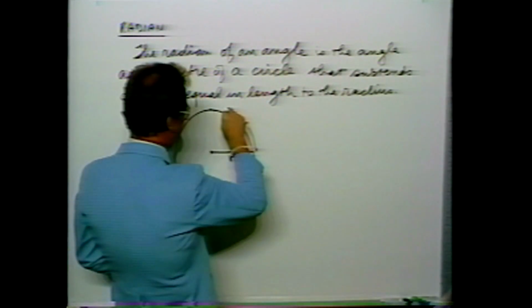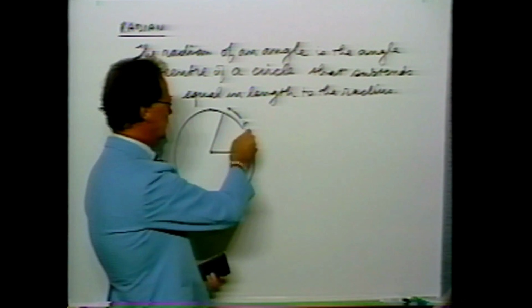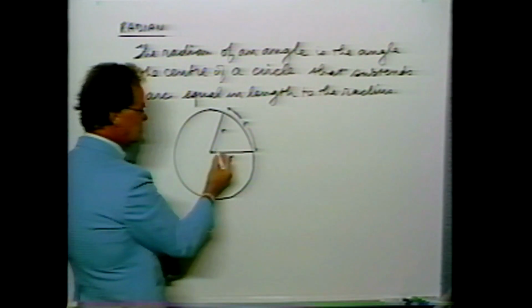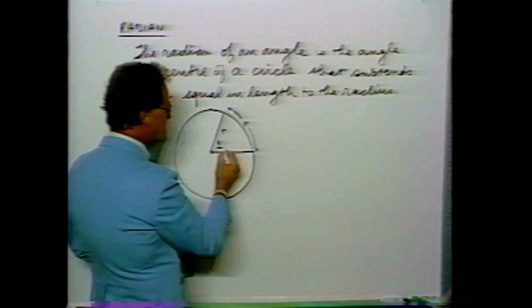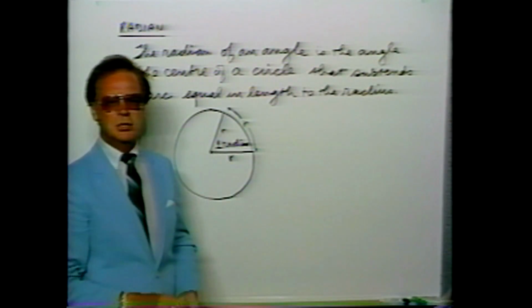Let's say approximately there. Theoretically, these are of equal length. Then the angle at the center is 1 radian. That is 1 radian measure.